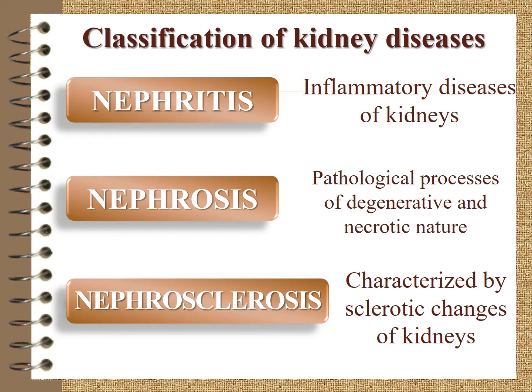Kidney diseases are traditionally divided into the following groups: nephritis, inflammatory diseases of the kidneys, usually with involvement of glomeruli; nephrosis, a pathological process of degenerative and necrotic nature affecting tubular epithelium; nephrosclerosis, characterized by sclerotic change localized in both glomeruli and tubules.